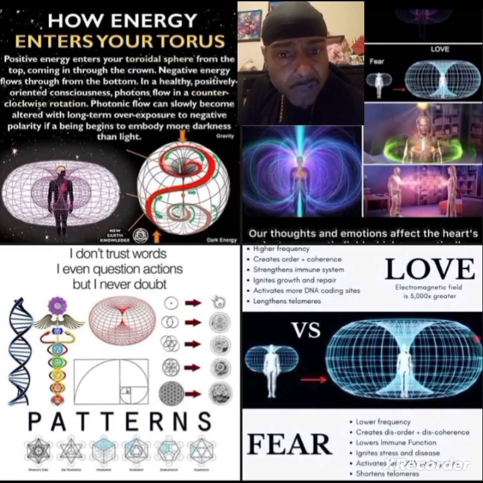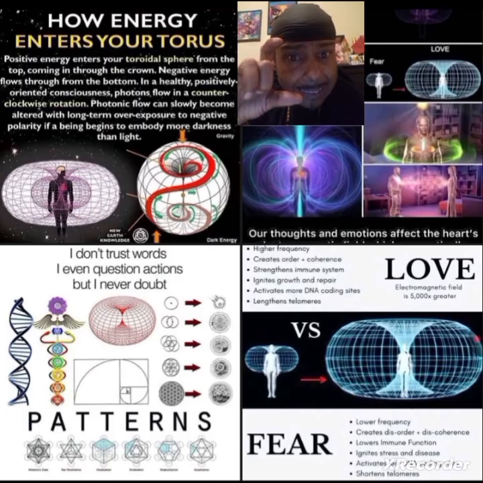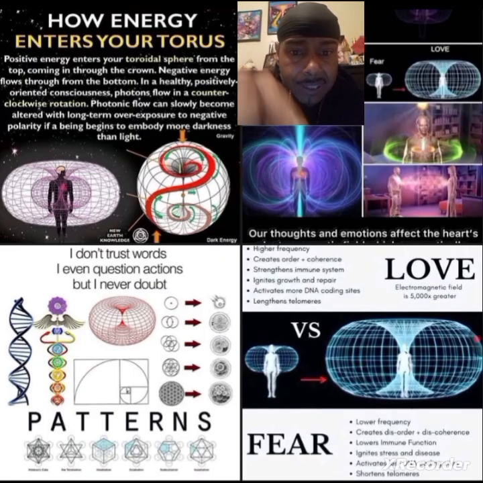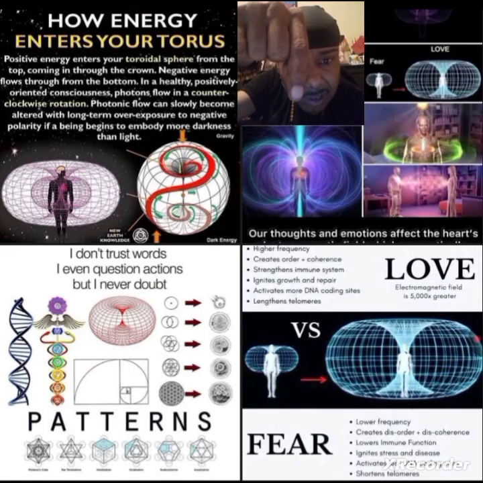So I just wanted to show you guys a little bit about the nature of the toroid, or toroidal fields, energetic fields. Batteries also have the negative pole and positive at the bottom. They're just shaped cylindrically and not in this form. But if you take a bar magnet and lay it down with some shards, you'll see this exact same field emanate from the magnet.